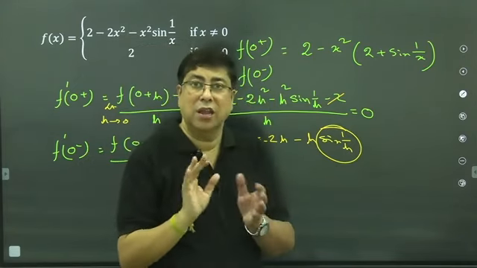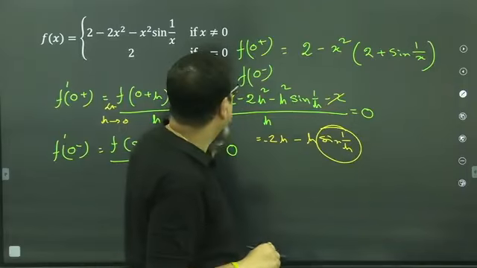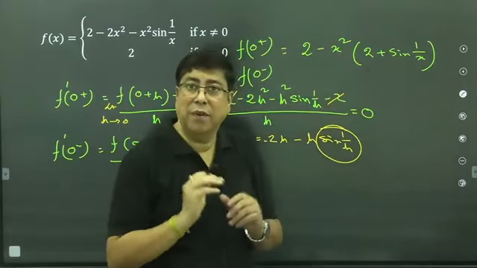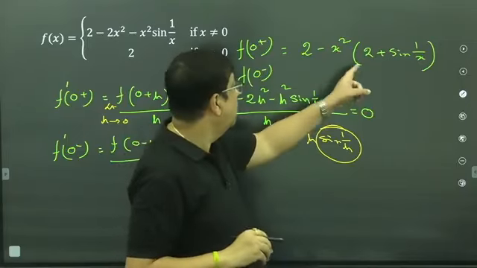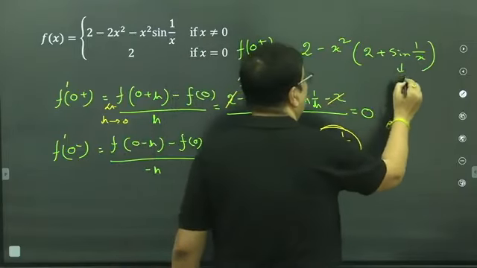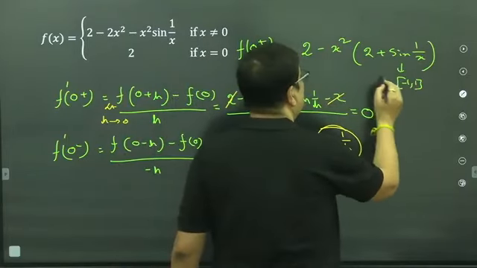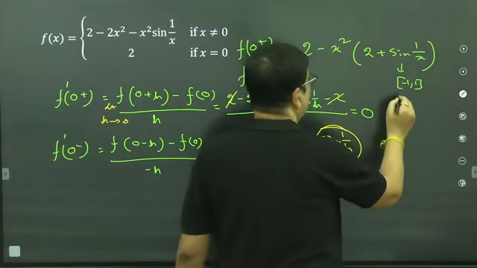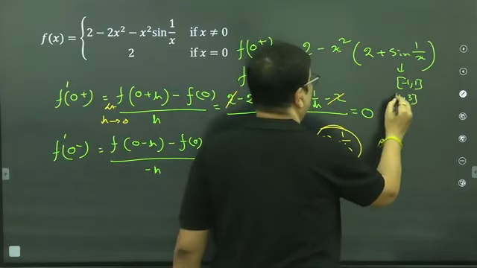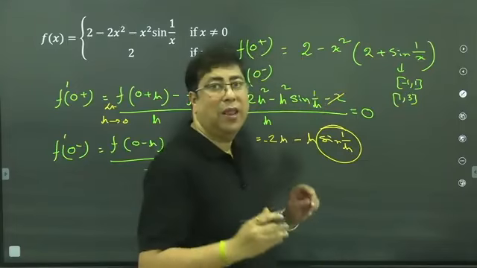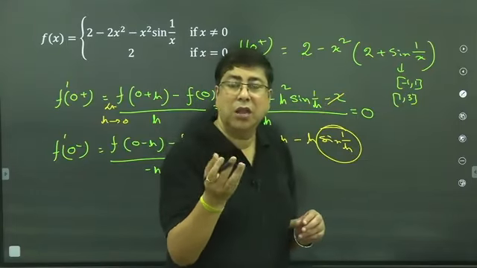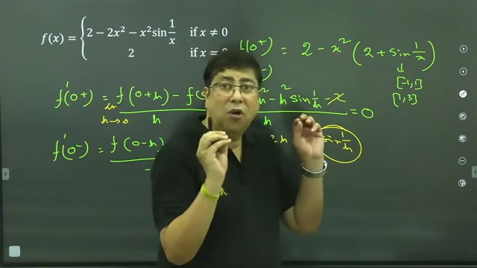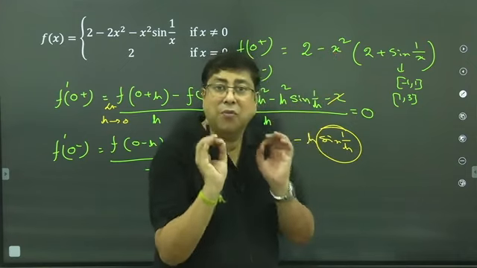I am checking the right and left hand limit as x tends to 0 plus and 0 minus. Sin 1/x lies between −1 and +1, so 2 plus (−1 to +1) means 1 to 3, multiplied by x². x can be positive or negative, it does not matter because it is a whole square, and however small it is, it is some positive quantity.